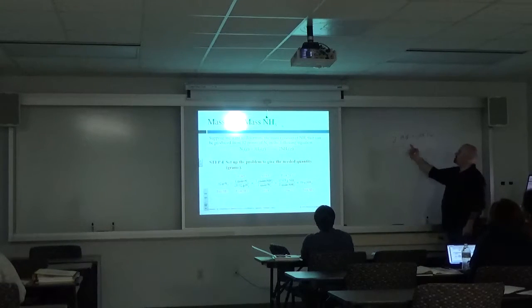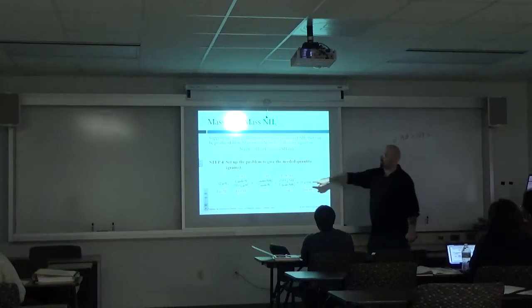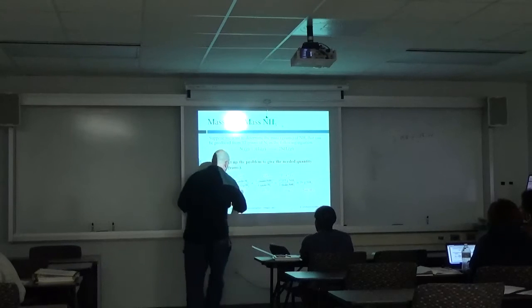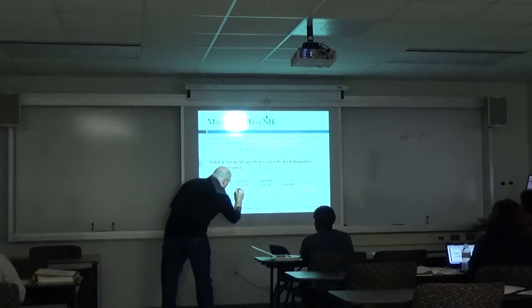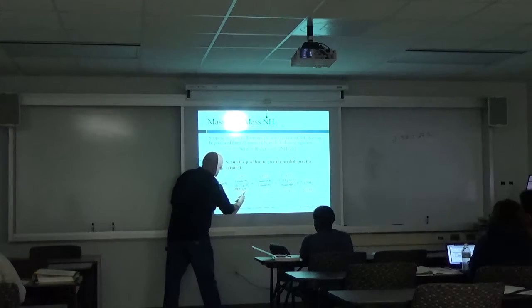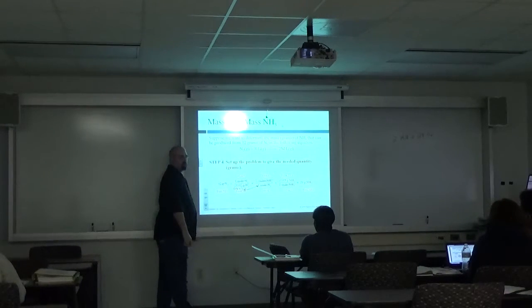Right? 2 times this. So, look at this bottom one here. All we did was move that 2 to there to make it 2 to 2, or 1 to 1.